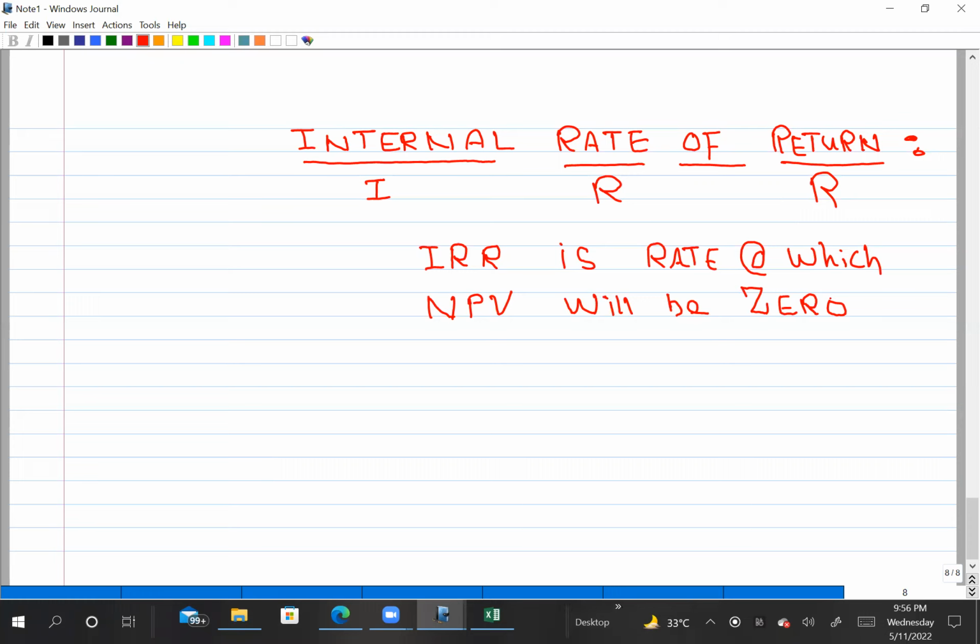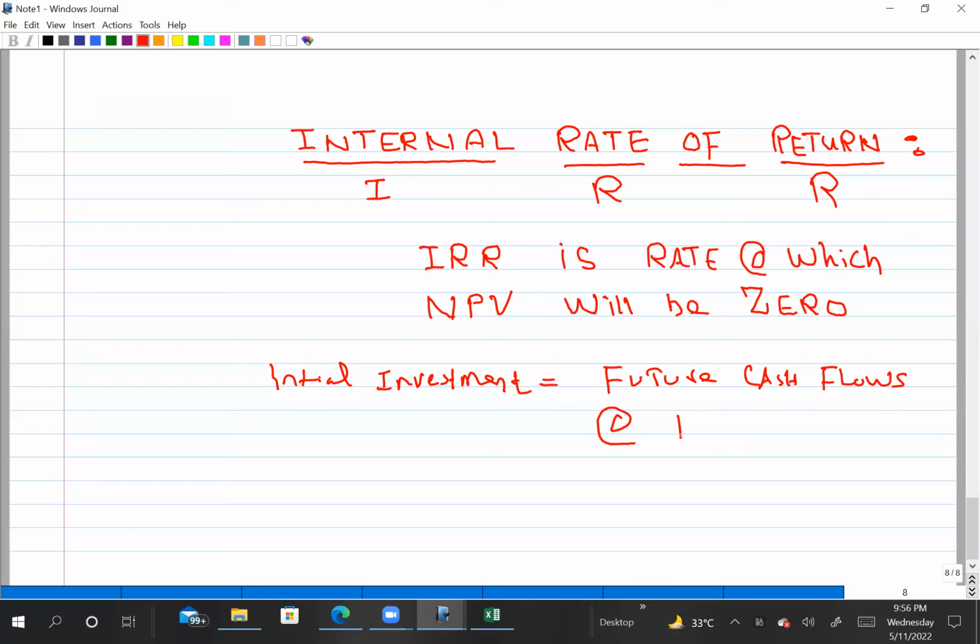So we can describe it as the rate of return at which the initial investment will be equal to the future cash flows discounted at a rate of return.